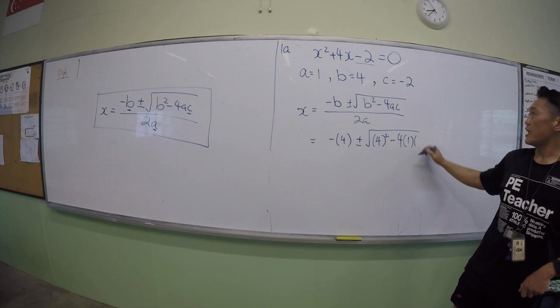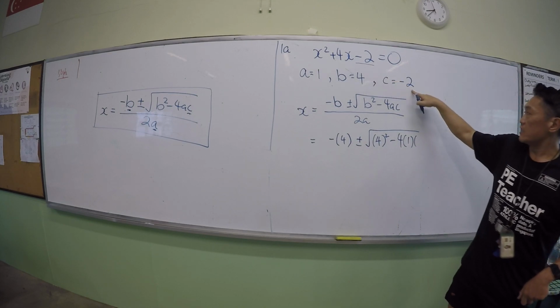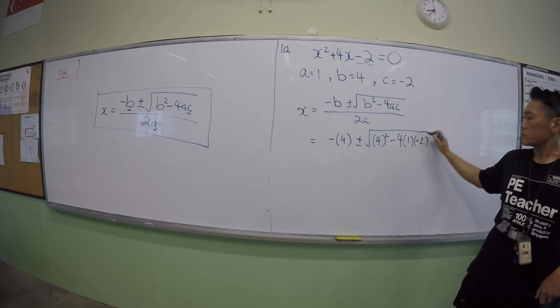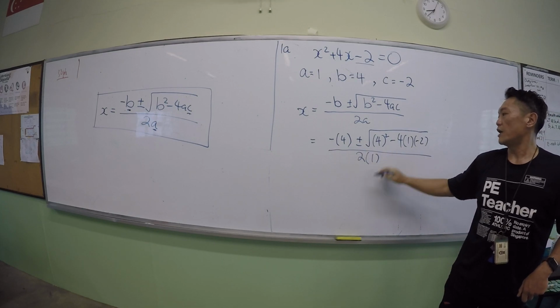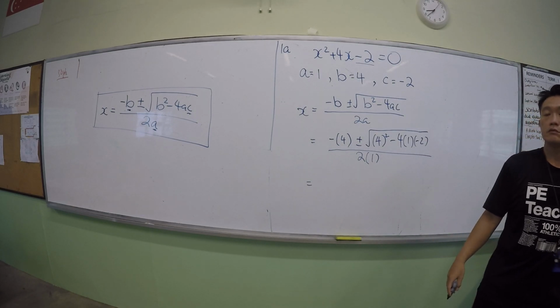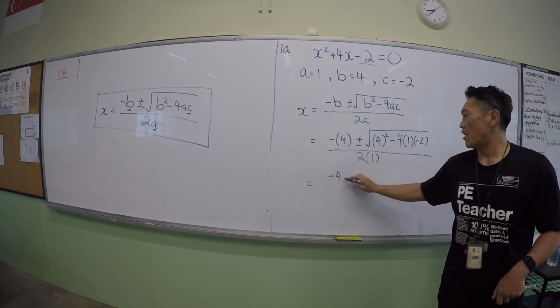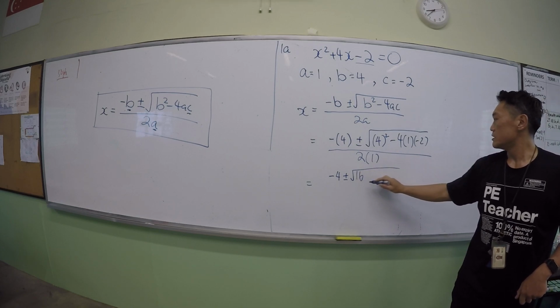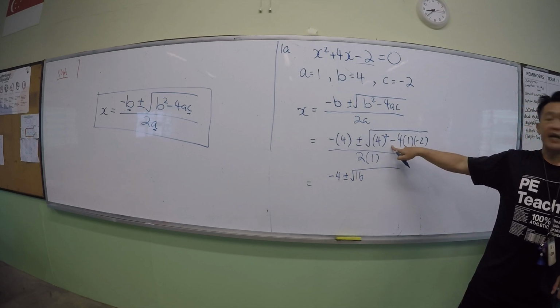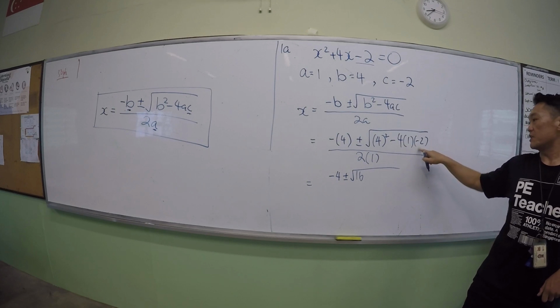C, put inside a bracket, negative 2. 2, bracket, 1. Negative 4 plus minus square root of 16. Negative times negative become positive.